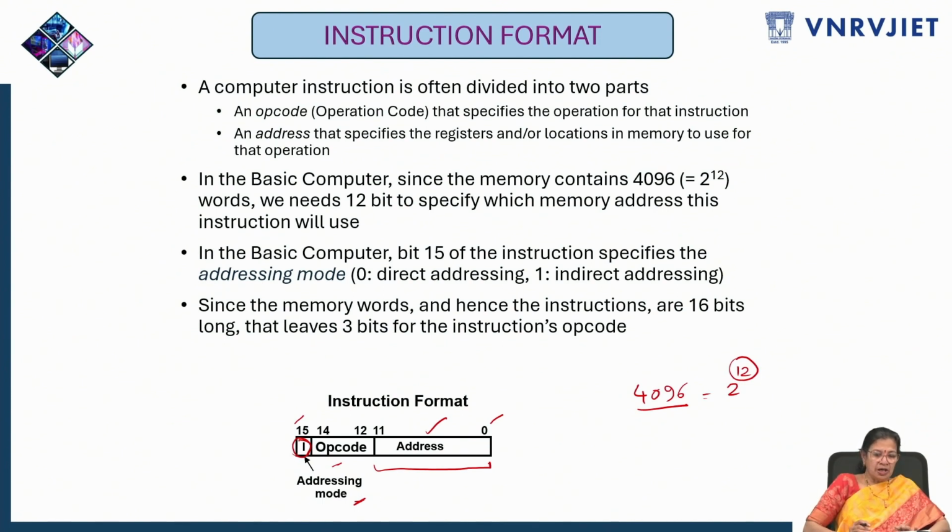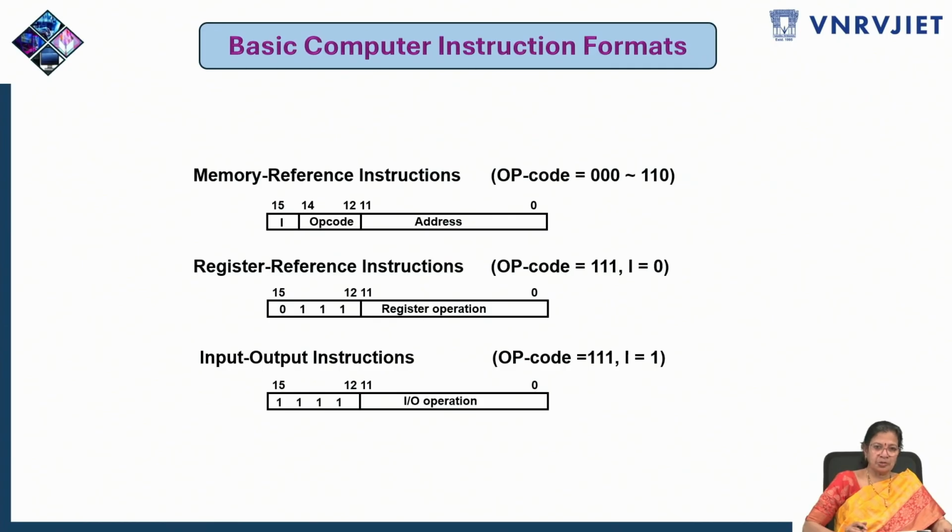But when we come to the different instructions in the basic computer, we refer to them as register reference instructions, memory reference instructions, and input output instructions. So we categorize all the instructions into three types. As the name mentions, memory reference instructions mean the operand is available in the memory, and here all the 12 bits are meant for the memory address.